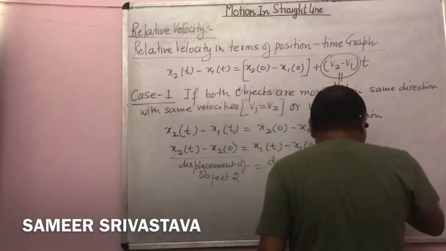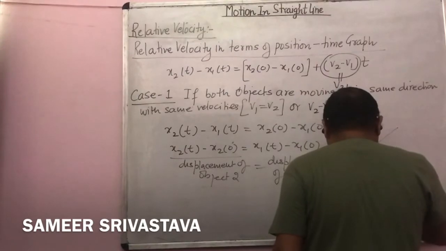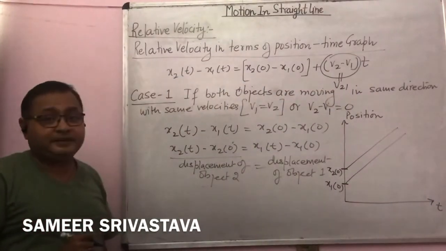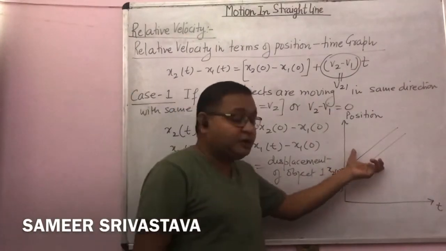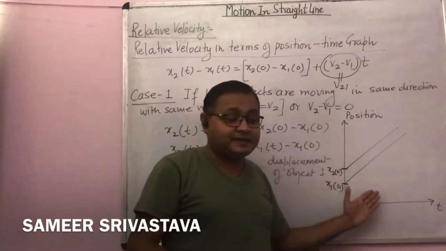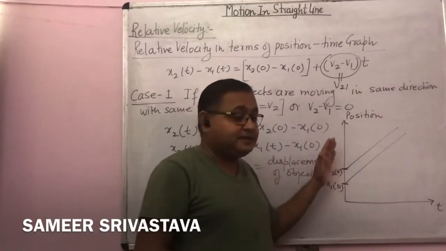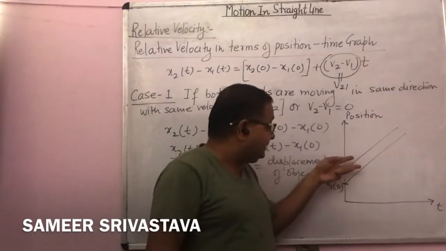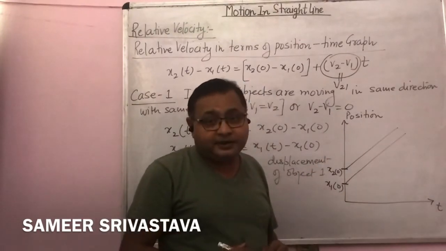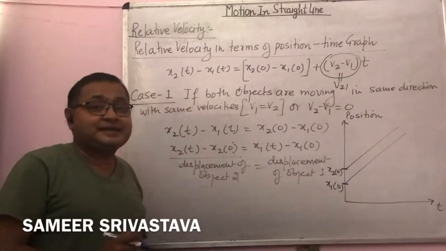So they cover equal distance in equal time intervals, and the graph for this case is like this. This graph says the object covers equal distance every time in an equal time interval.